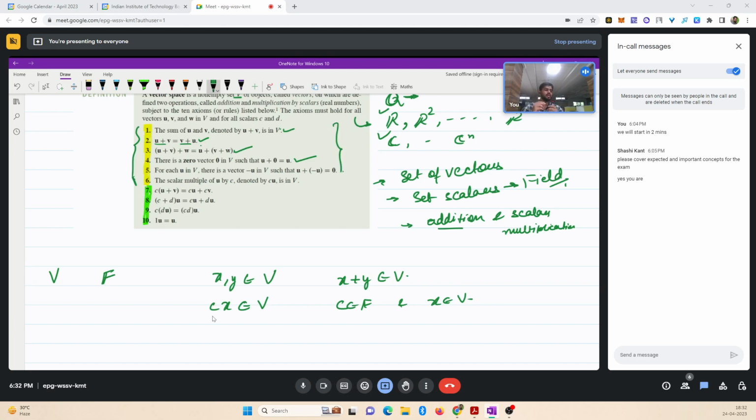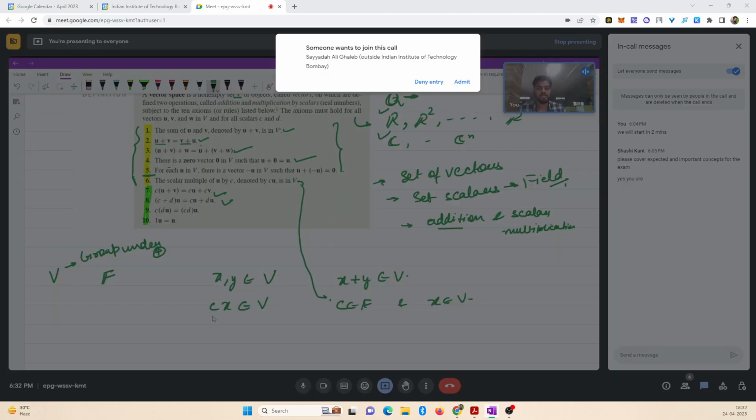If you have done any abstract algebra course, then you can say that this V is a group under addition. You can see all these properties are of a group, right? And the sixth property is that it should be closed under scalar multiplication, that you again mentioned, right? And the last few points are just distributive properties.